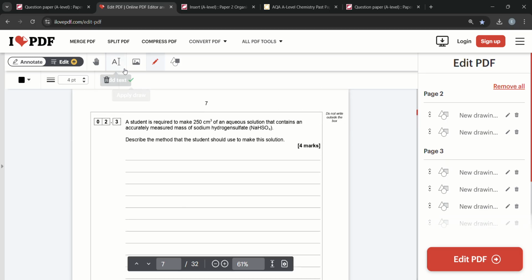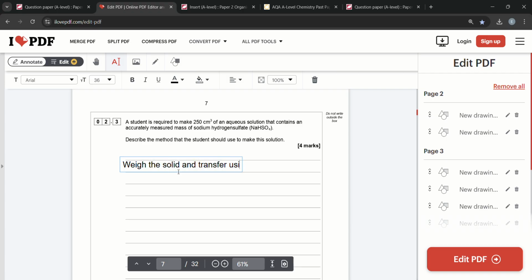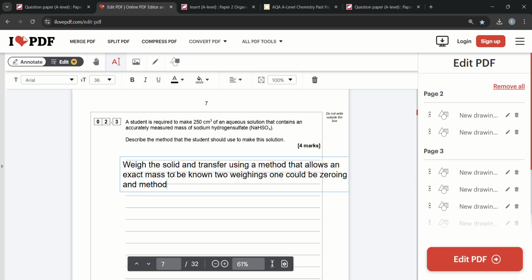Describe the method to make this solution. Classic question, 4 marks. Weigh the solid and transfer using a method that allows an exact mass to be known: two weighings, or zeroing, and the method by difference.